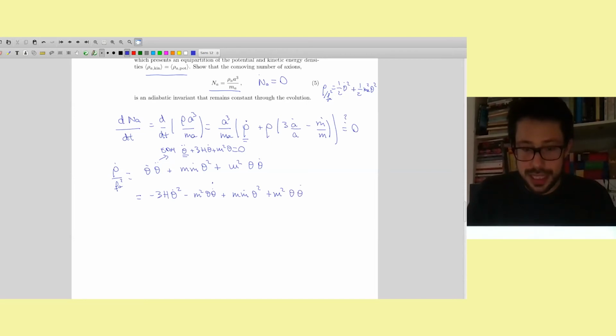So what we see is that this goes away with this, and the conclusion that we're getting is that the time derivative of rho is equal to minus 3 a dot over a times theta dot squared plus m dot over m times m squared theta squared.